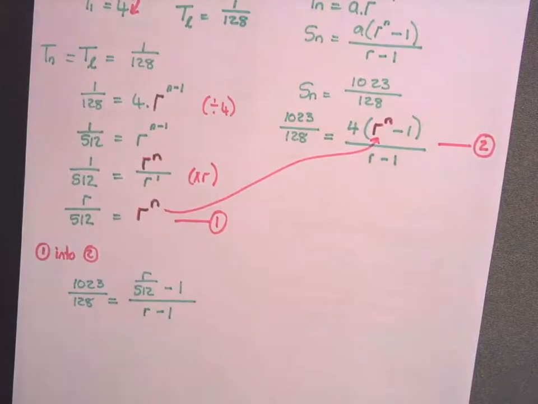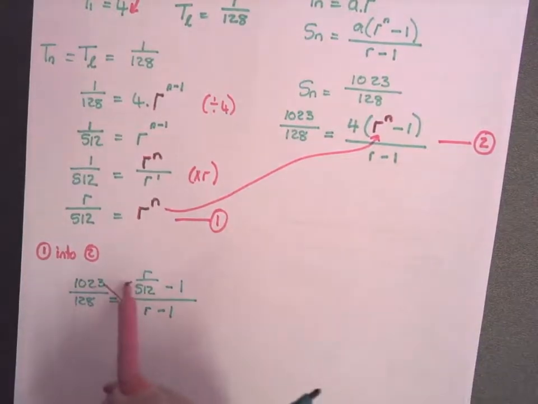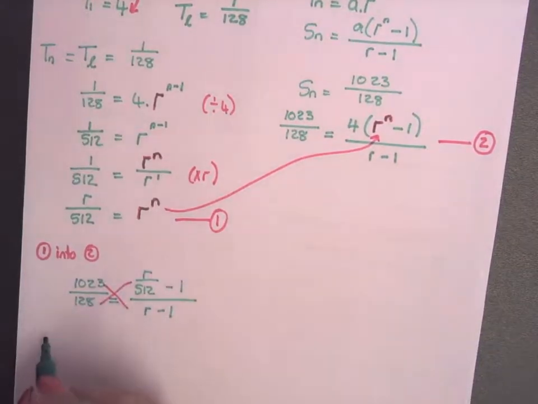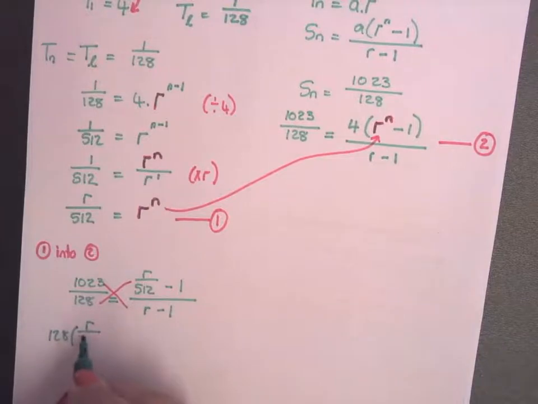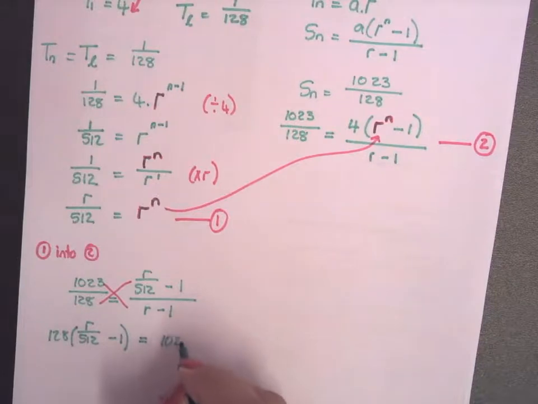Now I'm going to cross multiply to get rid of the fraction. So 128 times r over 512 minus 1 equals 1023 times r minus 1.